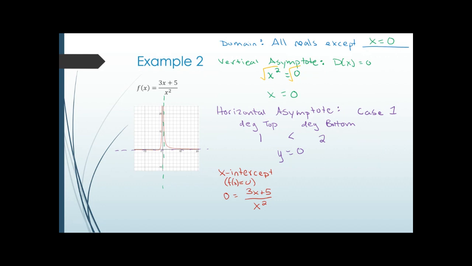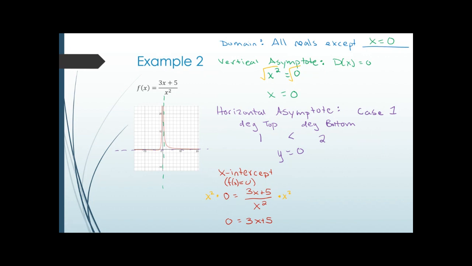So if I multiply both sides by x squared in order to get rid of that denominator, 0 times x squared is still 0. Anything times 0 is 0. So I still have 0 on the left, and I get 3x plus 5 on the right. So the x-intercept comes from the numerator, the top of the fraction.